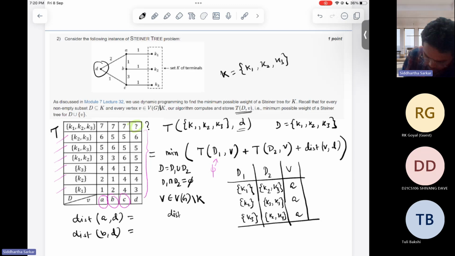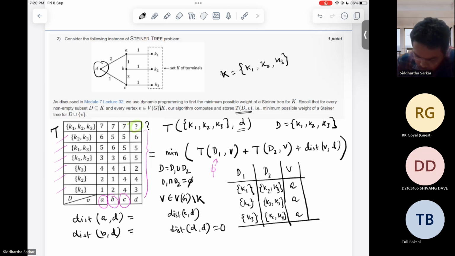Distance of non-terminal C with D, and D and D is anyway 0. So A to D, this is 2. A to D is a direct edge and that is the shortest path. Let's mark that 2.